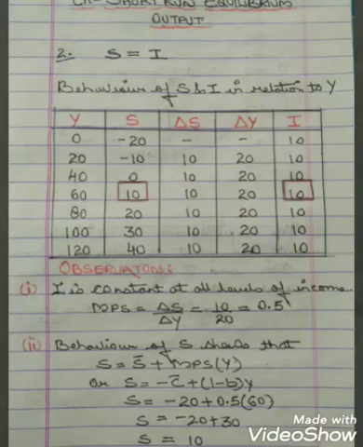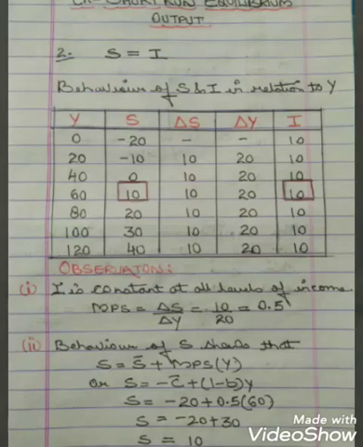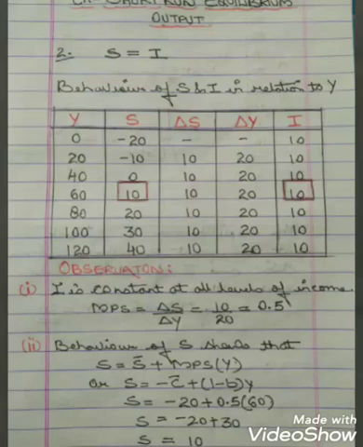So I is constant at all levels of income. The marginal propensity to save, MPS, has the formula delta S upon delta Y, as we discussed in the previous session. Our delta S is 10 and delta Y is 20, so MPS is 0.5.